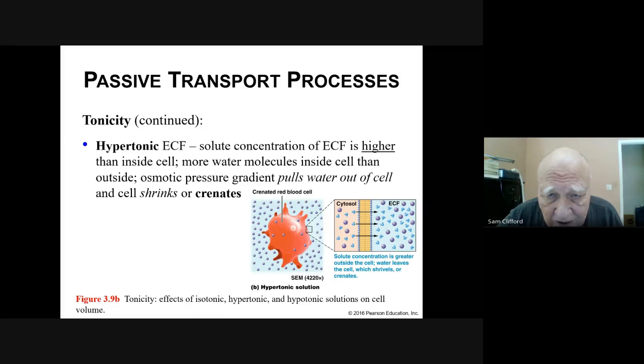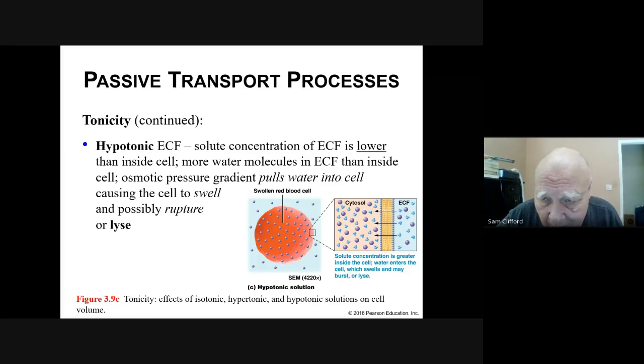If you have a cell placed in a very high concentration of dissolved materials, the water is going to move out. That is a hypertonic solution. Hypertonic means that there's a higher concentration of dissolved solute, so the cell will shrink or crenate.